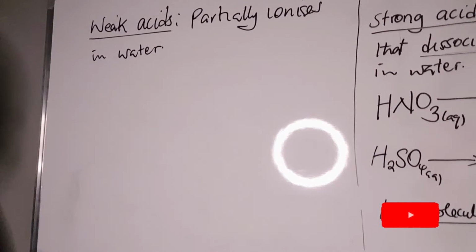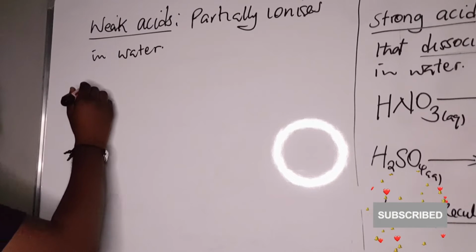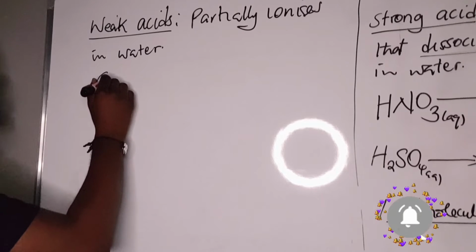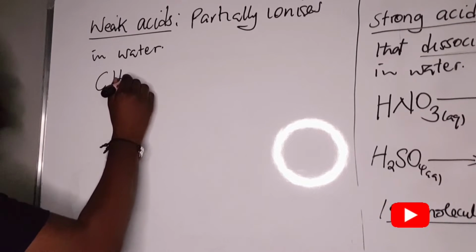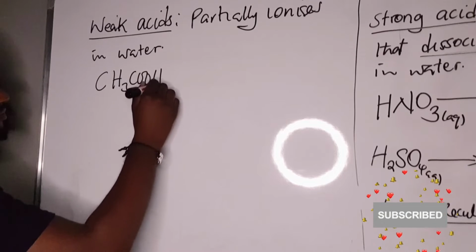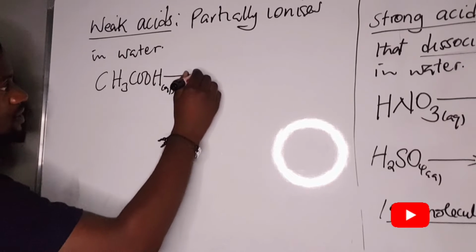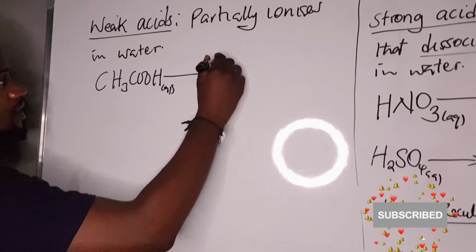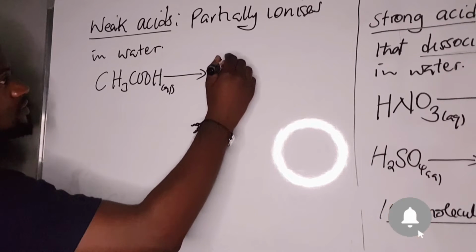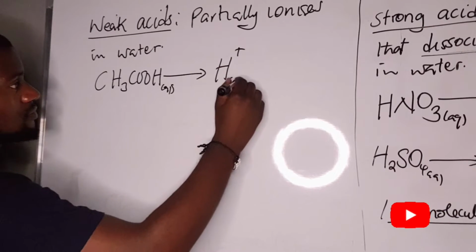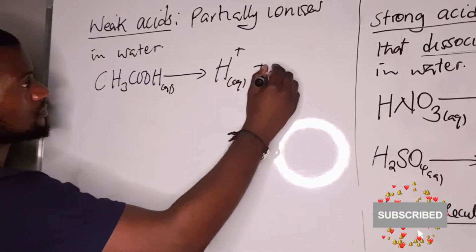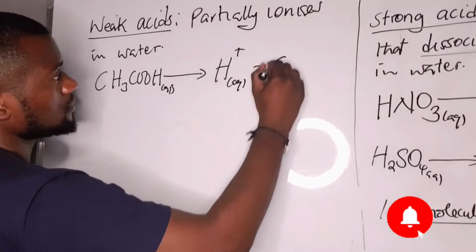For example, if we have acetic acid, when acetic acid dissolves in water, we are going to have the hydrogen ions and the acetate ion.